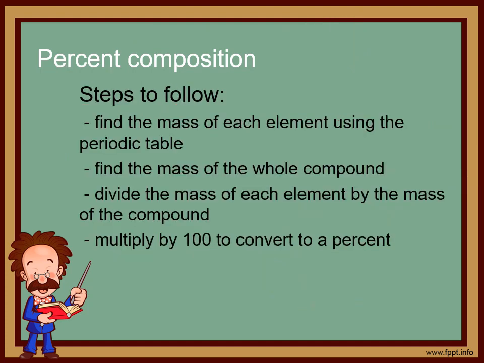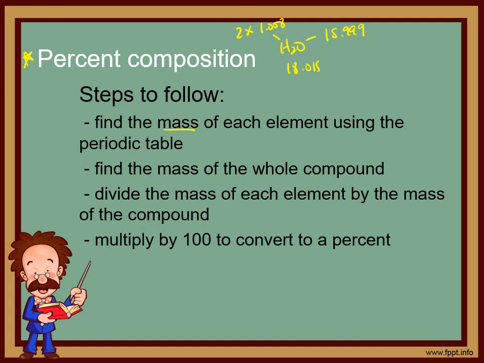Good? So to summarize the steps that we follow to find percent composition, we're going to find the mass of each element using the periodic table. With H2O, we figured out that hydrogen was 2 times 1.008, and oxygen was 15.999. We found the mass of the whole compound. When we added those together, we got 18.015 for the total mass of the whole water.